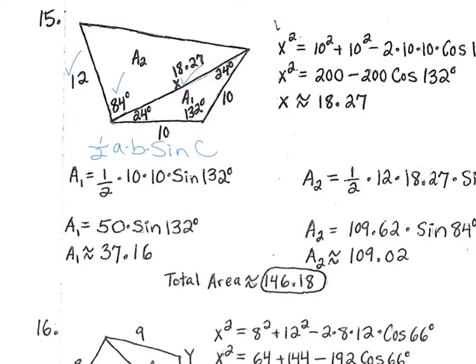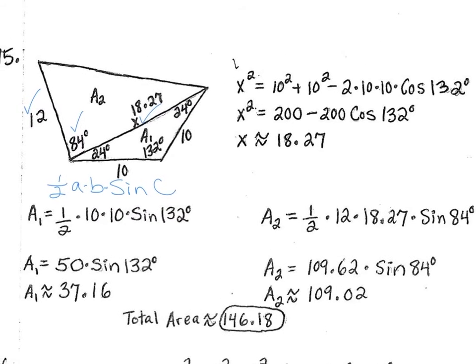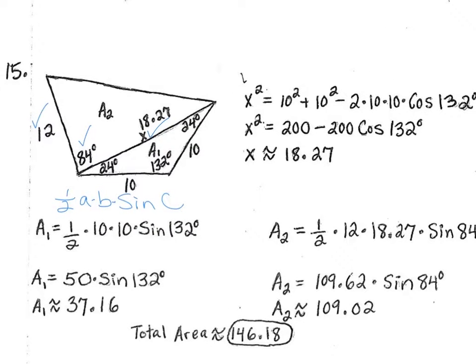So moving over here, x squared equals, first off, finding this missing side from the given information here at 10, 132, and 10, which is going to help us find the side opposite that angle. Remember, that's how side angle side works with law of cosines.